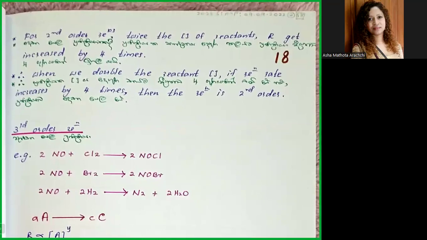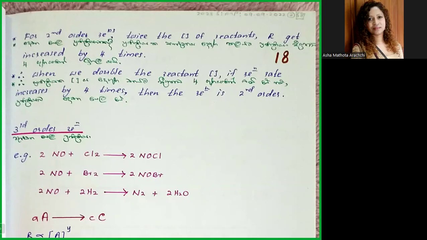Okay, now rate is proportional to a to the power 2. So for a second order reaction, when the concentration becomes twice, the rate increases 4 times. Clear?